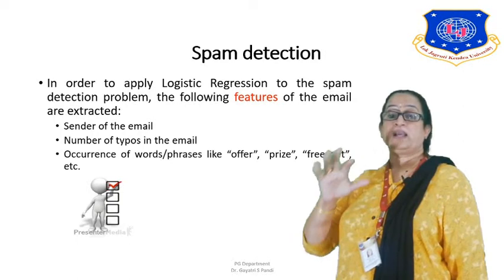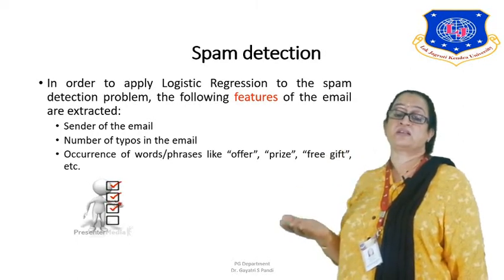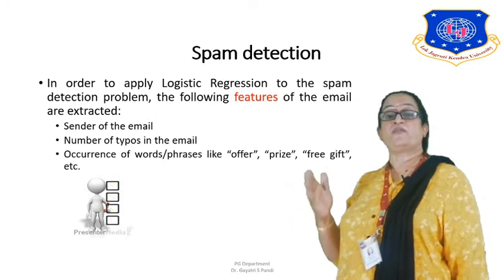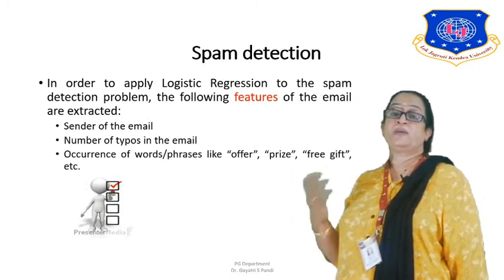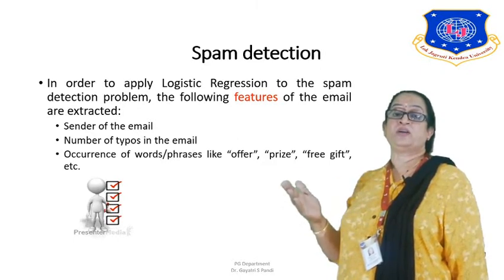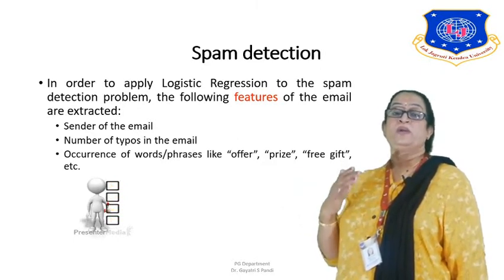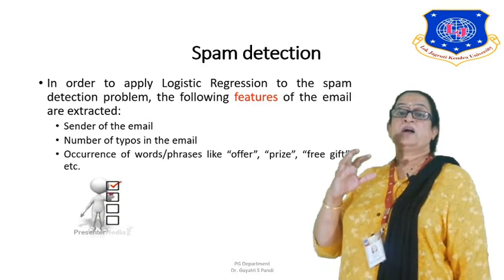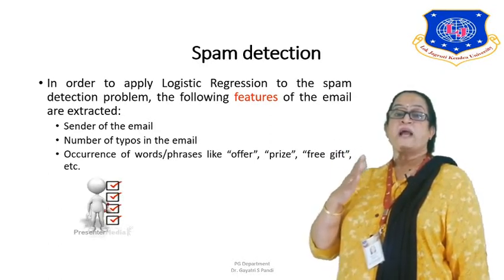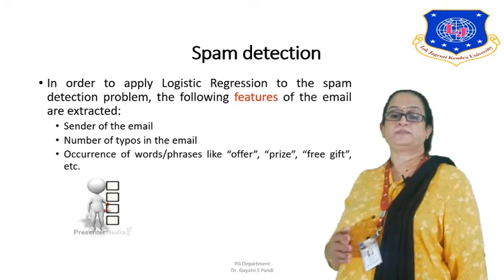There could be many typographical errors in the email. Then the occurrence of words or phrases like offer, price, free gift. Normally you can see, your spam folder has mails saying you have been offered $10 billion, you should be doing this, you should be doing that. Such mails are automatically classified as spam by your Google mailer.